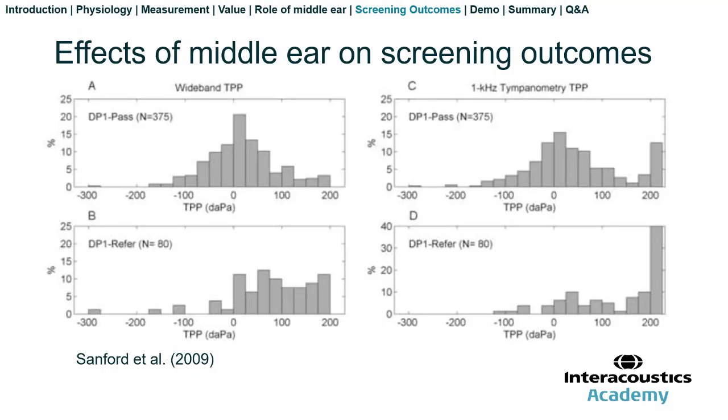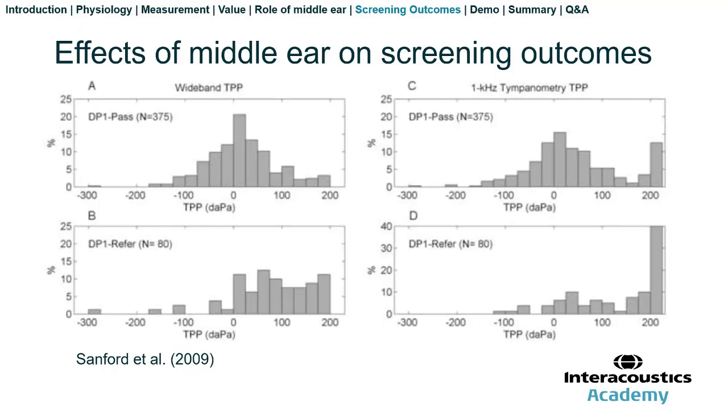They investigated 455 ears, so it was a pretty significant study size. They calculated peak tympanic pressure in two ways. One was using the wideband tympanometry method, where you average the peak admittance from 800 hertz to 2000 hertz, and they also used tympanic peak pressure using a 1 kilohertz tone.